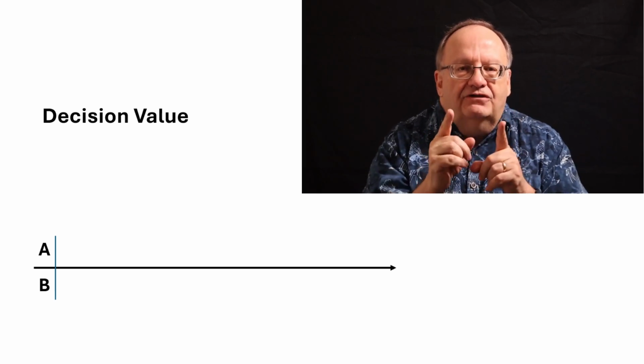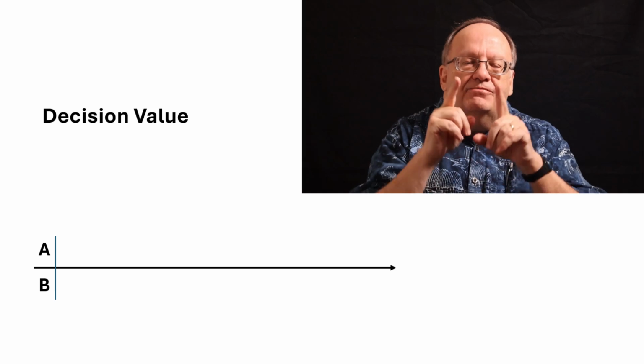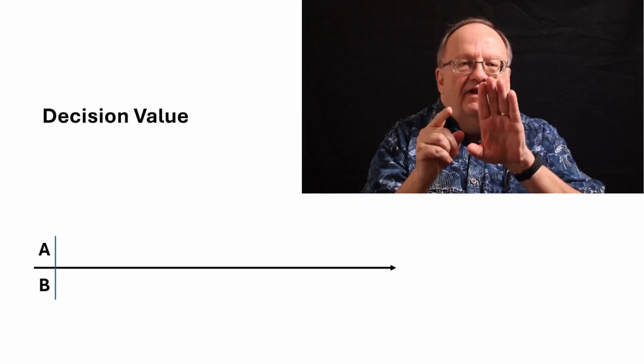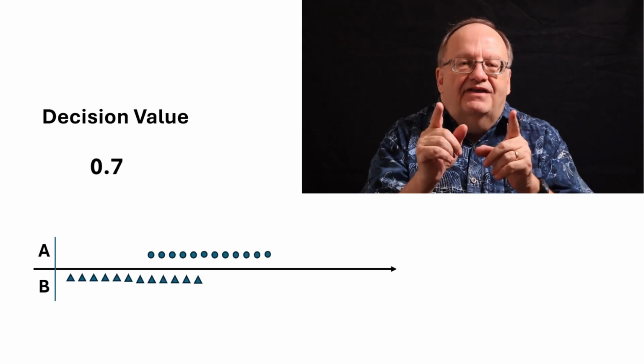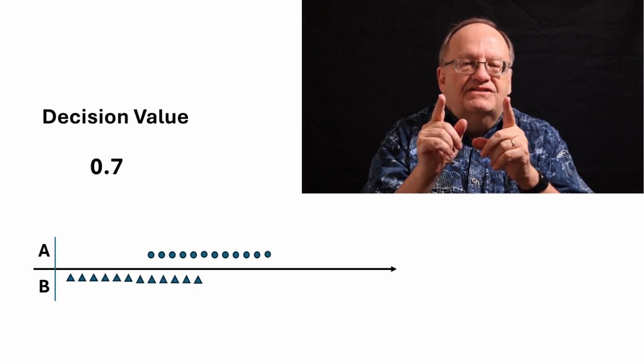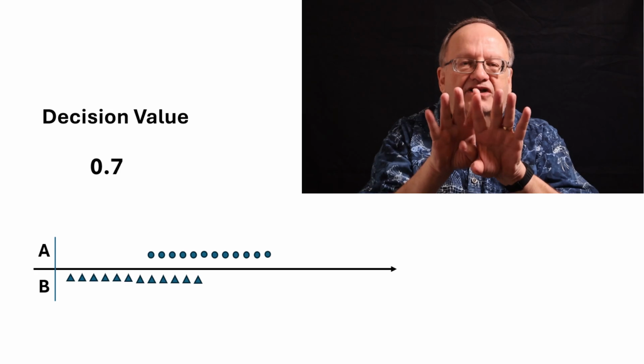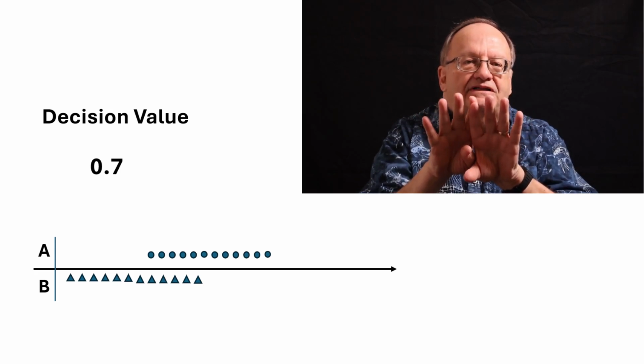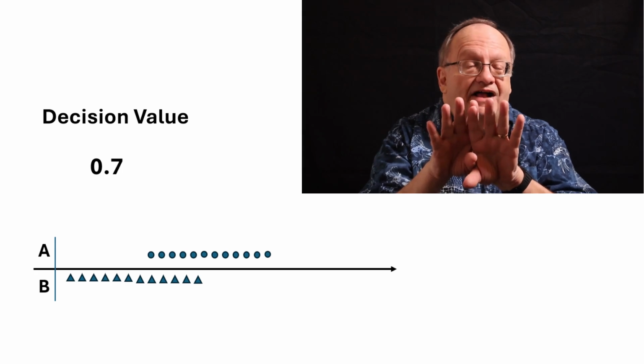For every feature, what we're going to do is compute a measure of how well that feature separates A from B. If that decision value measure is less than 1, that means there's a little bit of confusion between A and B. They're not completely separate. We may still be able to get value out of them, and machine learning is good at doing that.